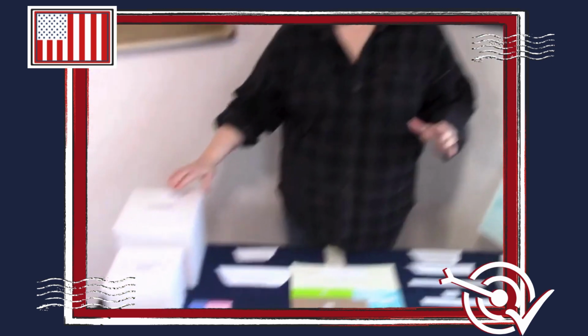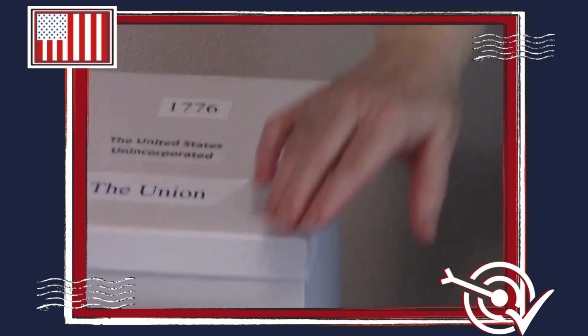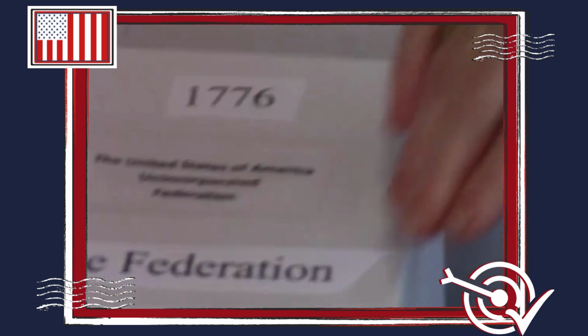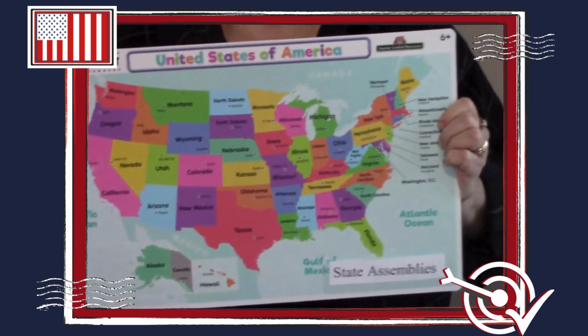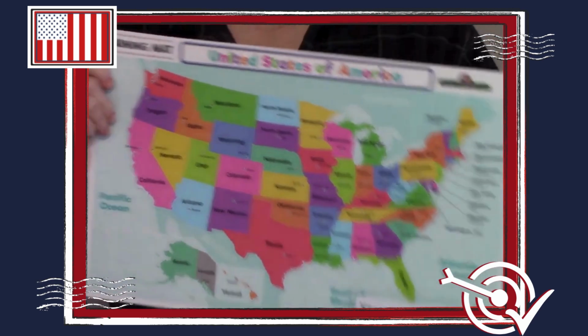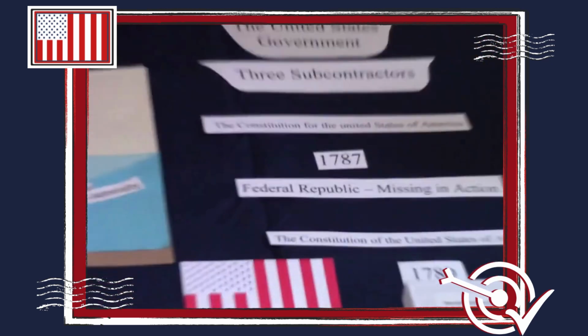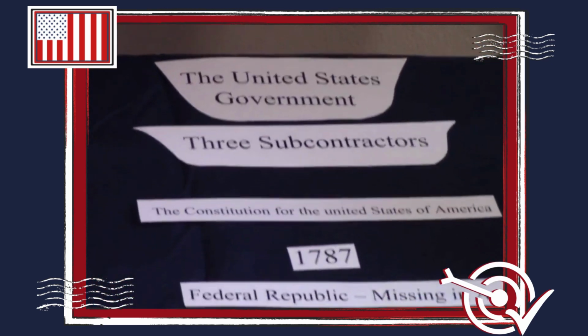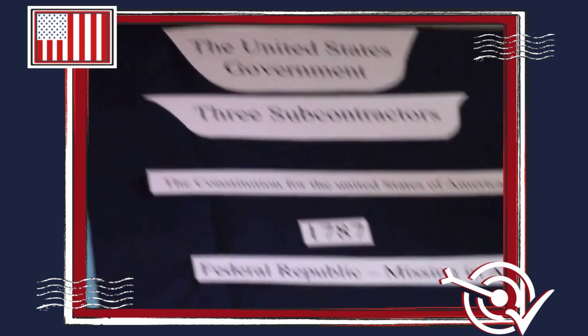Now, if you go through this again, we have the original Union, the Federation, and the Confederation, which are instrumentalities of the states. And then we have 3 subcontractors that mirror our American instrumentalities.